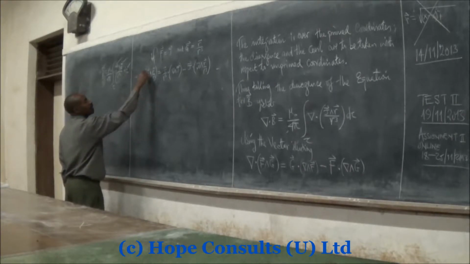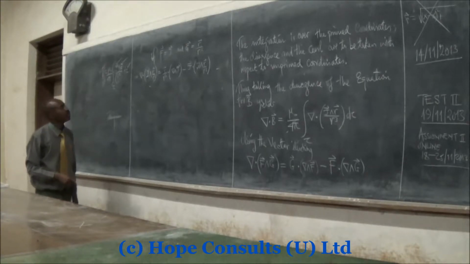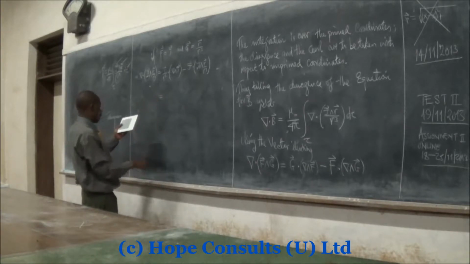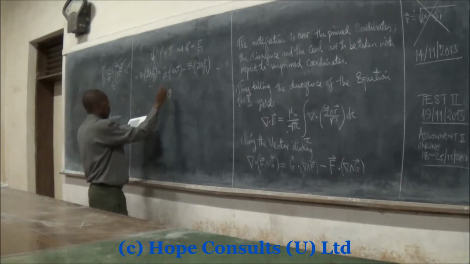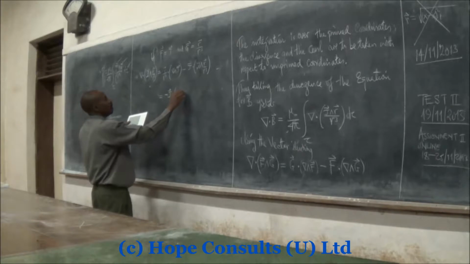R cubed is a scalar, so it doesn't affect the cross product. Okay, so this would be the same as minus J dot the curl of R over R cubed.